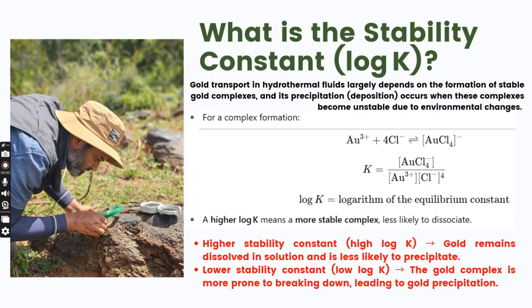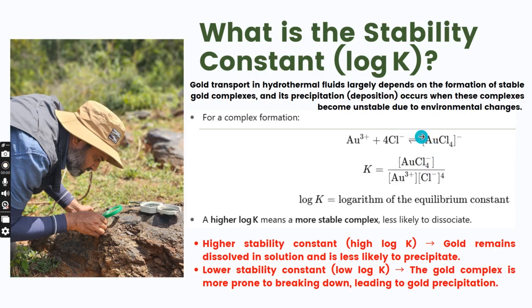Gold complex and its precipitation occur when these complexes become unstable due to environmental change. Means if AuCl4 minus complex is available, gold cannot be precipitated, it will be moving with the fluid. So there should be such a condition in which this AuCl4 minus should break down into Au, that means elemental gold, and chlorine.